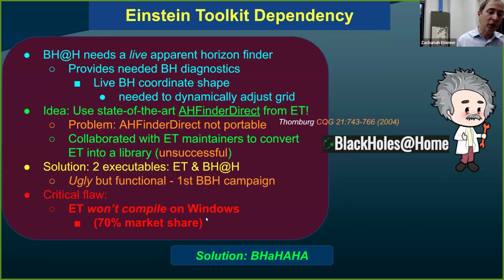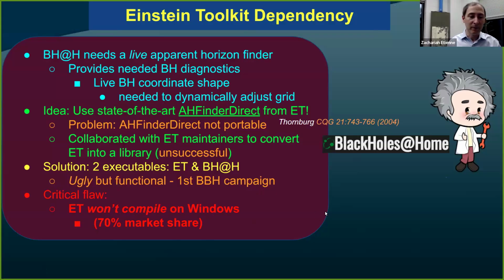And again, the critical flaw here is the Einstein Toolkit won't compile on Windows, and that's a huge chunk of our potential market share for the volunteer computing project. So I decided to bite the bullet, and after reading a lot, of course, Jonathan Thornburg's Living Review article was absolutely incredible.